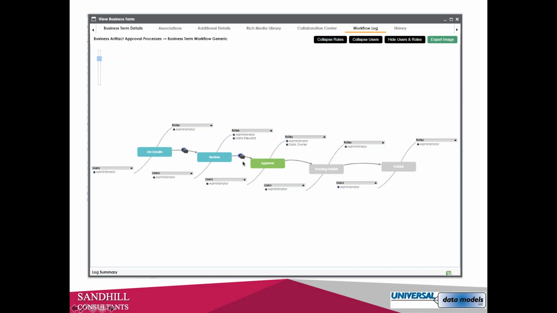So this is a linear flow, but you can define lots of different branches off of this flow. You can also see who's involved in which process. So for the review process, we have data steward, and in the approve process, we have data owner. So with that, it helps us gain control over the glossary and the data dictionary.